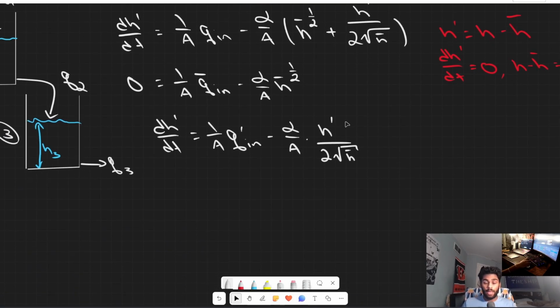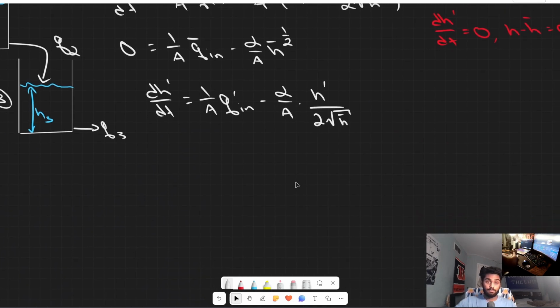Now what we end up having is a linear differential equation by using this deviation term for our time-dependent variables. And now we can take the Laplace transform of each of these terms. So the Laplace transform of a derivative is going to be s times h, and we'll take the Laplace transform of this.